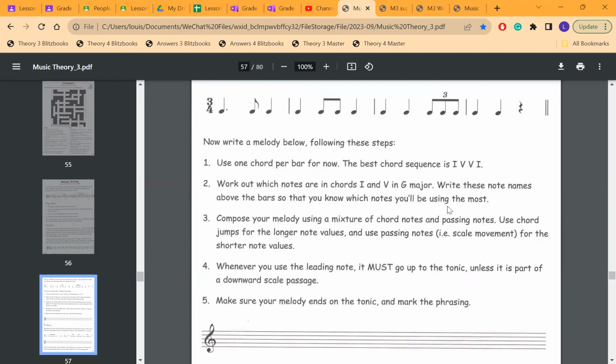So if you're writing your voice melody in the bass, keep it within the range of a tenor voice. That's probably some good advice for you. If you're writing in the treble, keep it in a soprano range. If you're writing in the bass, keep it in a tenor range.